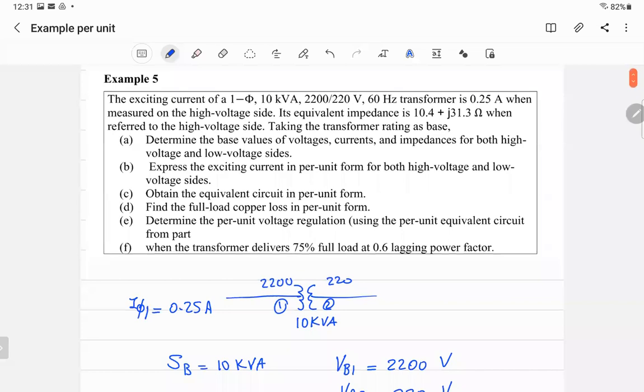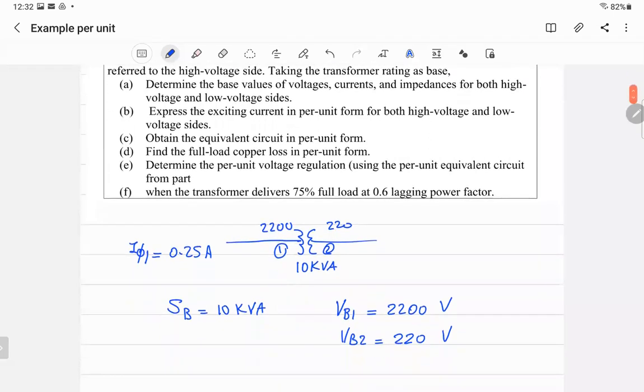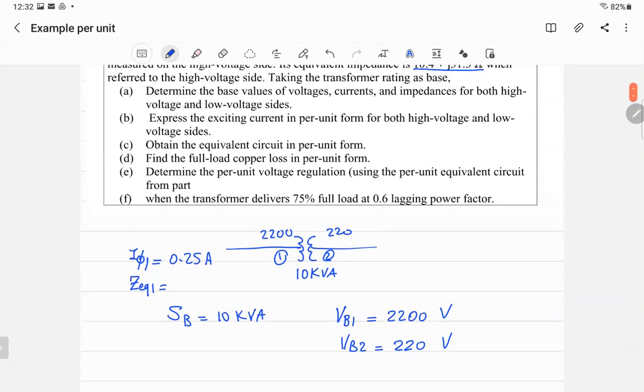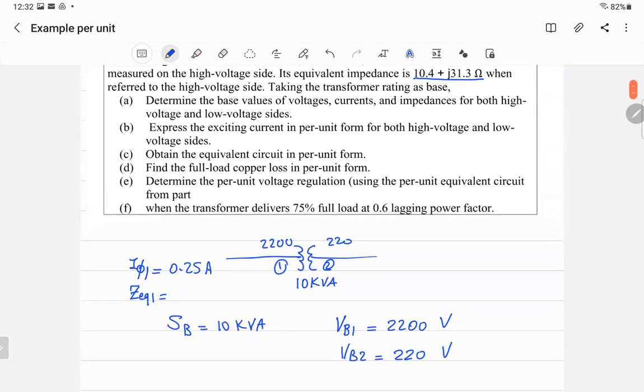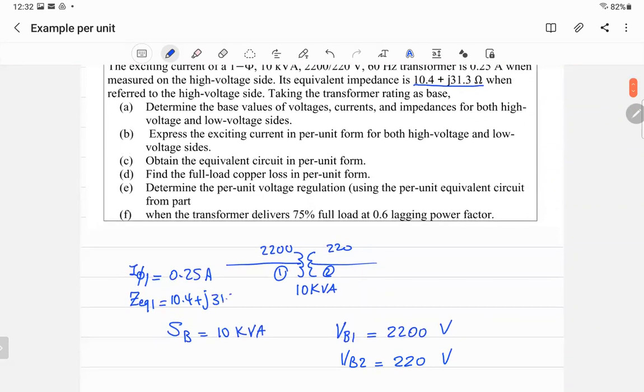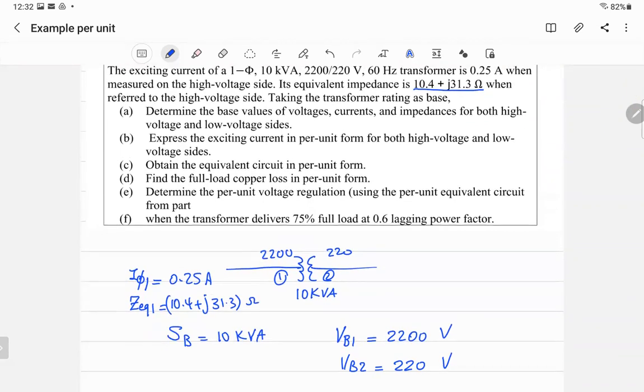Now let's continue. Its equivalent impedance is 10.4 plus j31.3 ohm when referred to the high voltage side. Again, that's Z1, or Z equivalent 1, given equal to 10.4 plus j31.3 ohm.